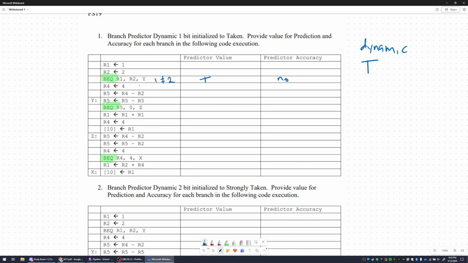So then this line of code will run. Here we have to know what's in R5, but anything minus itself is going to be 0. So 0 is equal to 0. By the way, since this was taken and then it was wrong, the next time it'll flip because it's a dynamic predictor. And then in reality, what's going to happen?